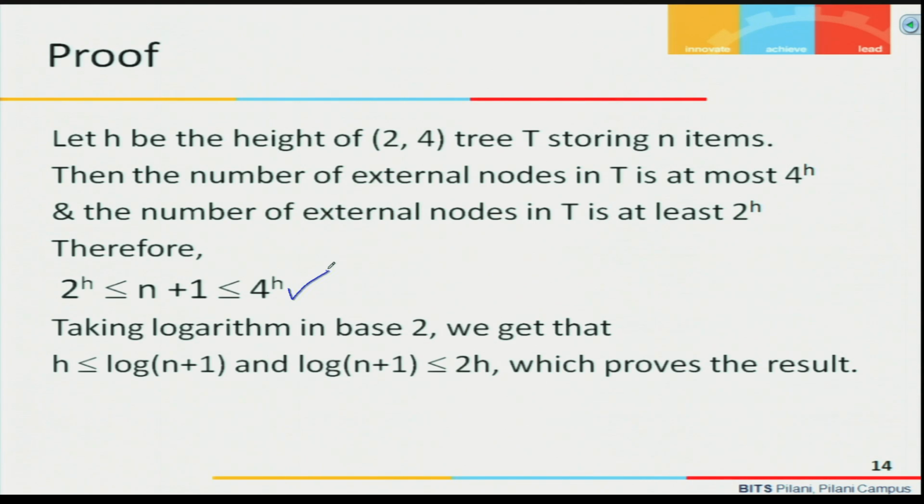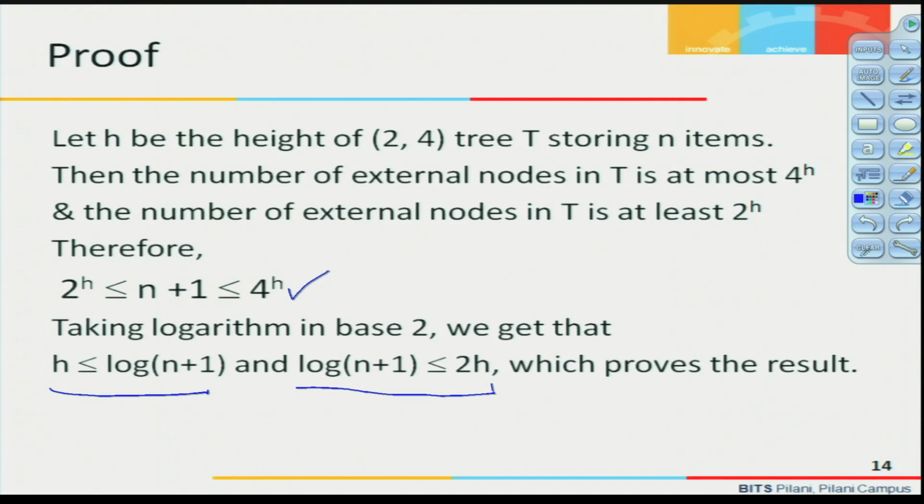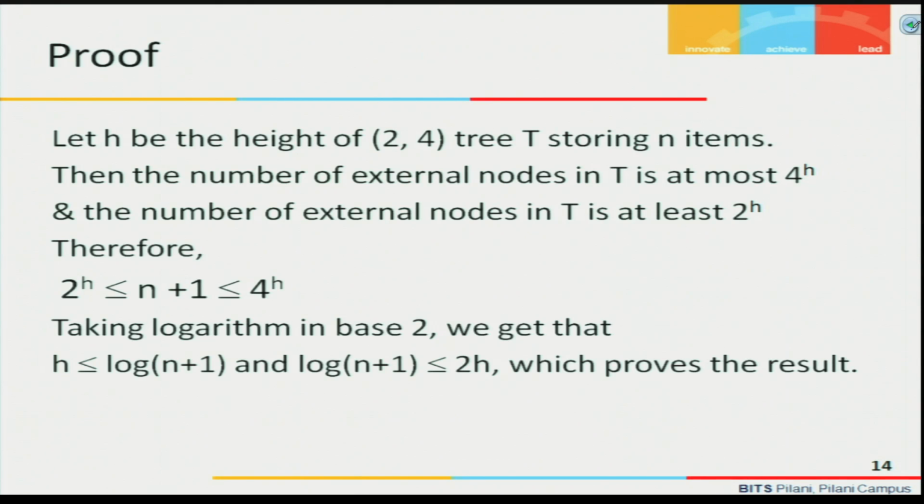Then just taking logarithm to base 2, we get that h is bounded above by log of n plus 1 and also bounded below by log n, or your height is of order log n, which essentially proves the result that the height of a 2-4 tree storing n keys is going to be of order log n.